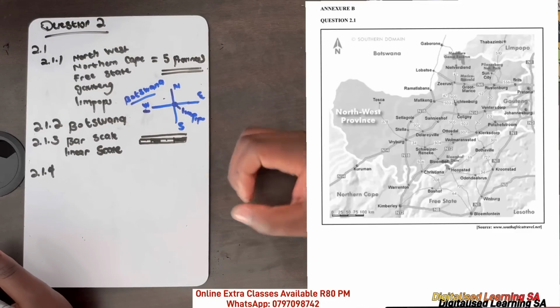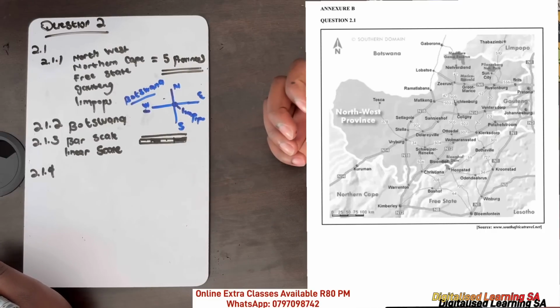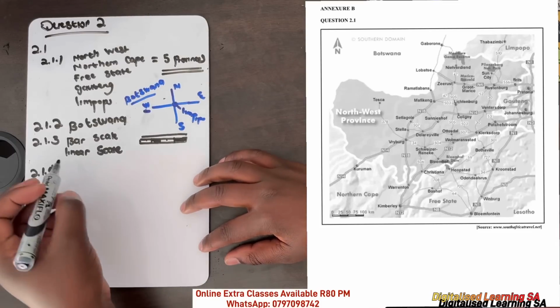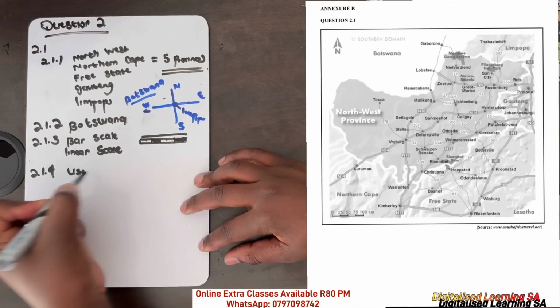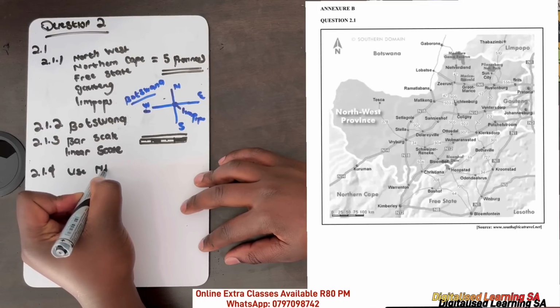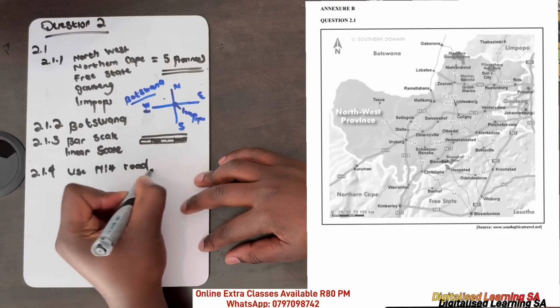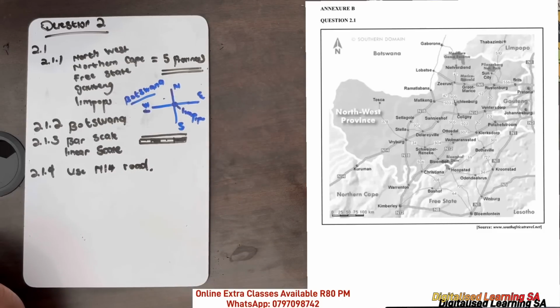Before getting into that, if we look on N14, we can see that it goes all the way to Gauteng, meaning that she can use the N14 road, because the question says, give a set of, not just one, but a set of directions that Puseletso should use when traveling from Vryburg to Pretoria.